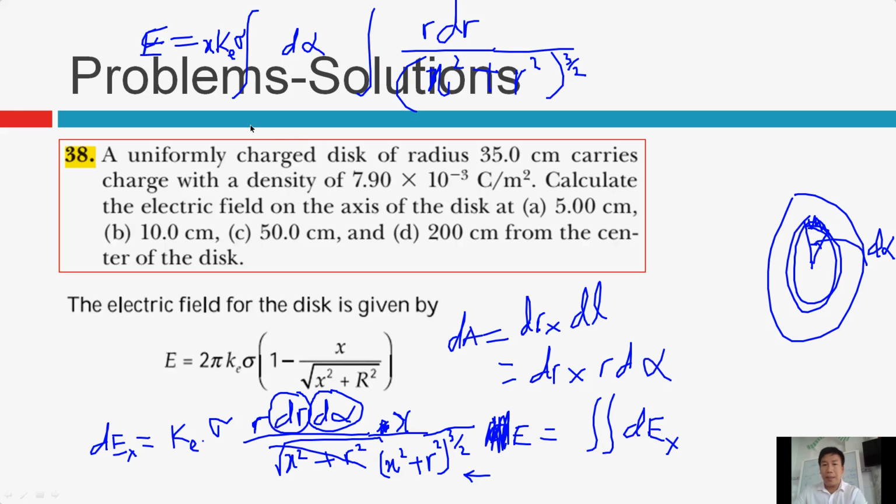So it means that alpha needs to go from 0 to 2 pi.